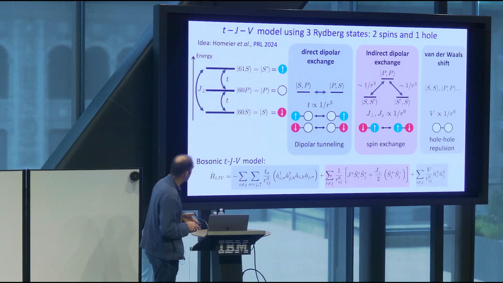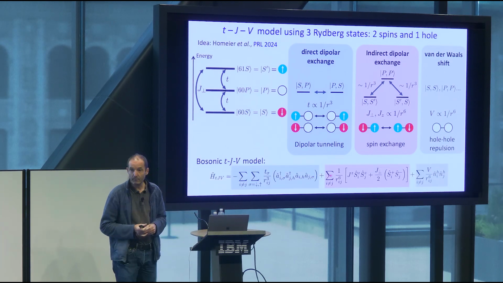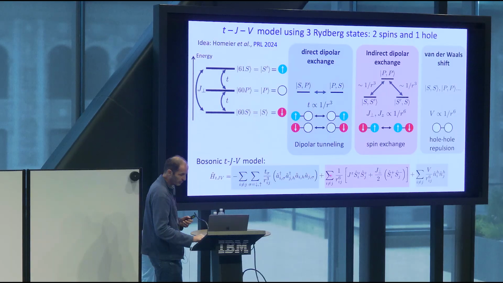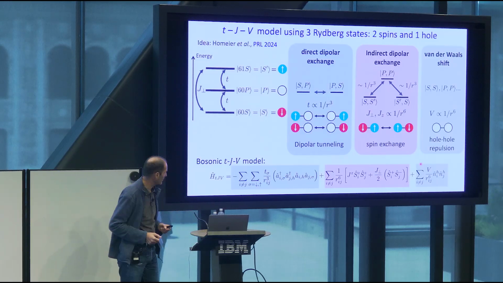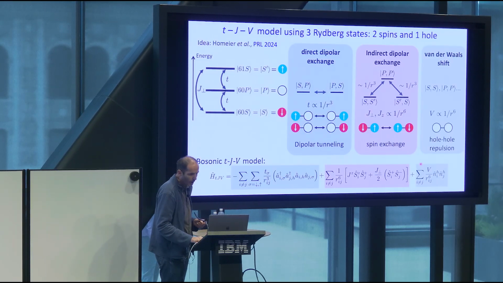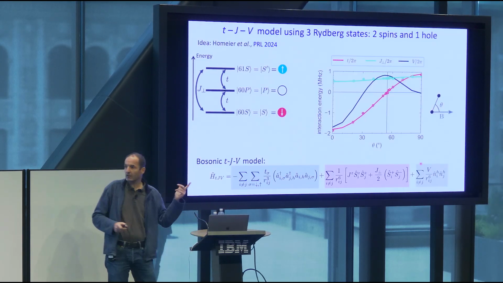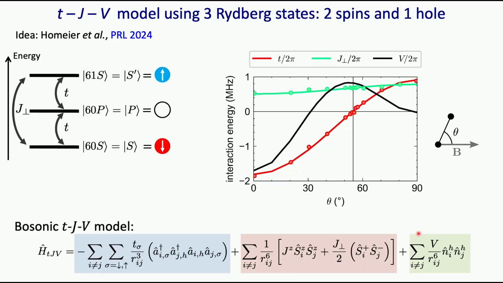So a bit more formally, this is the Hamiltonian that you implement here. So you've got the T part with this kind of effective bosonic operators. And then you've got the spin-spin part, and you've got this extra term, which once again is not present in the case of the TJ model. So the thing also which is interesting here is that you can tune those relative terms just by playing with the fact that the dipolar interaction has an angular dependence.